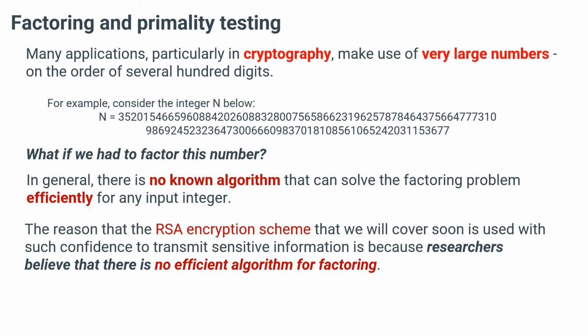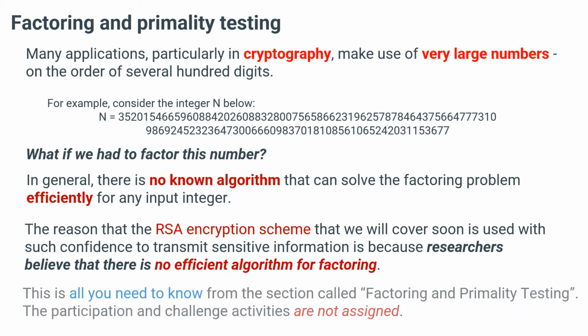What would need to be done in order to decode information encrypted that way would be to come up with these factors for these very large numbers. And again, there's no algorithm that's efficient enough to make that happen in a decent amount of time. So that's why that works so well.